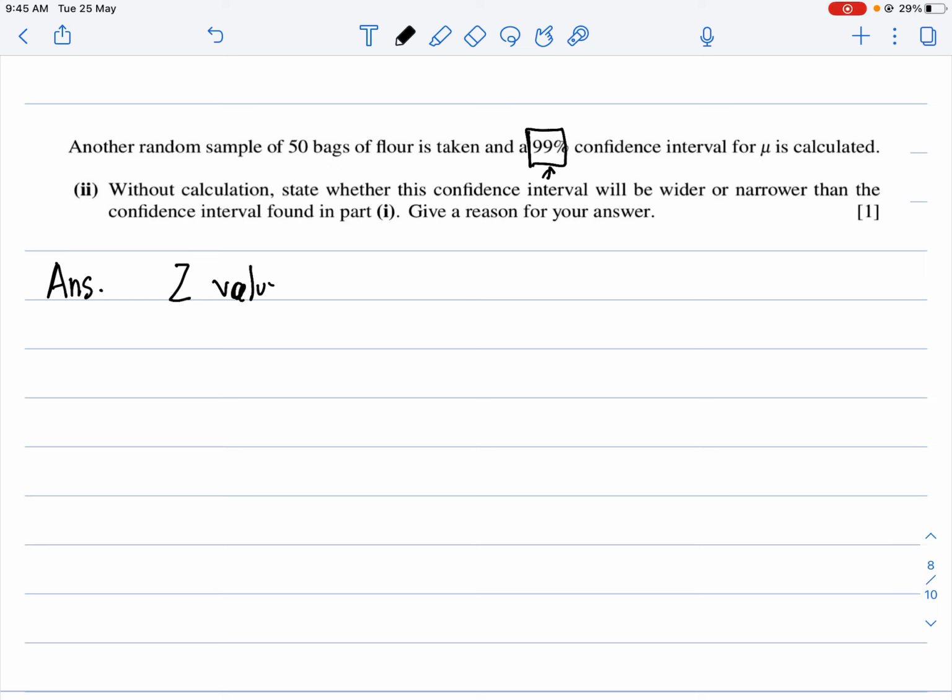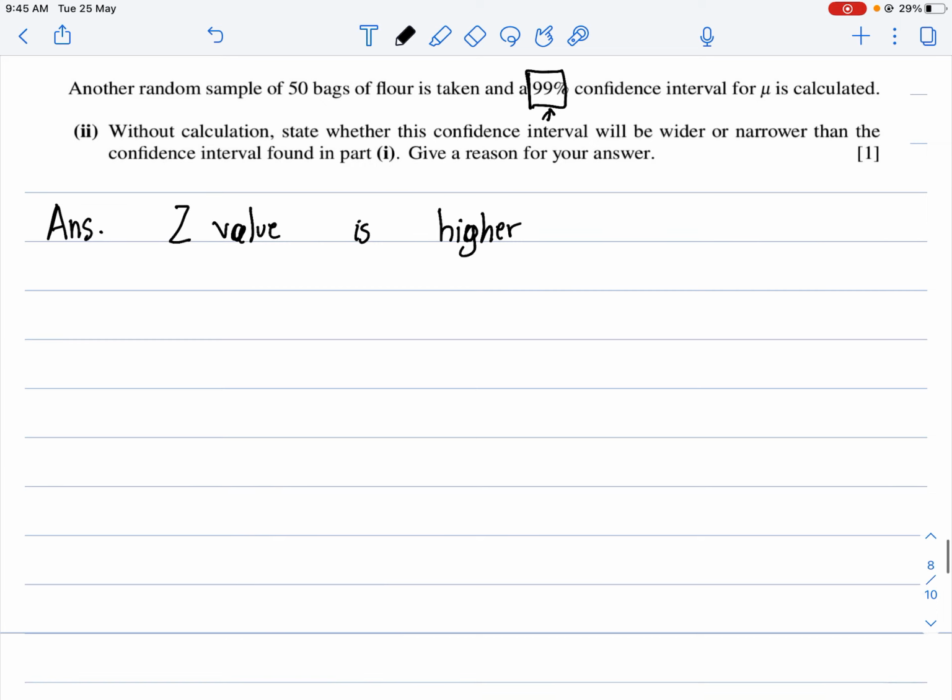Because a 99% confidence interval will have a higher z value than a 96% confidence interval. So the z value is higher, hence the width is wider, correct?